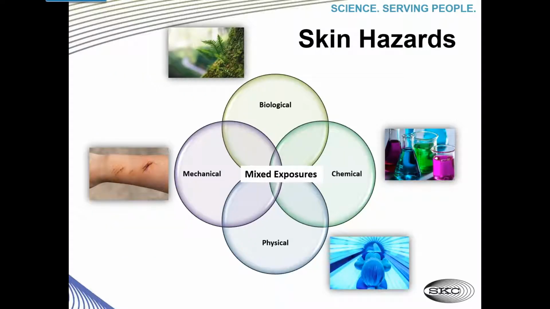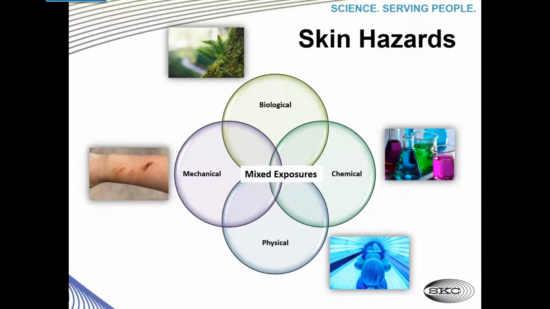All right, these are the skin hazards that can cause problems to our skin. This includes biological agents, which include parasites, microorganisms, plants, and others. Physical agents, such as extreme temperatures, like hot or cold, and radiation, like ultraviolet or solar radiation. Mechanical trauma includes friction, pressure, abrasions, lacerations, and contusions, such as scrapes, cuts, and bruises.